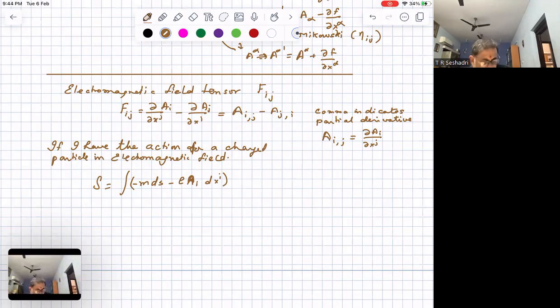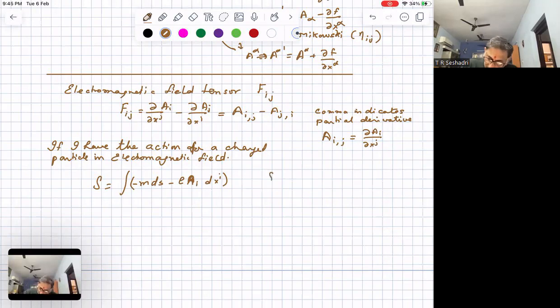The answer is that you motivate it by saying you want to write the simplest form of the interaction part of the action, which is the charge and this gauge field. But this is not a proof. The only proof for an action is that finally, when you get the equations of motion, they match your observed experimental result. That is the ultimate truth. It turns out that this does give that, as we will see.